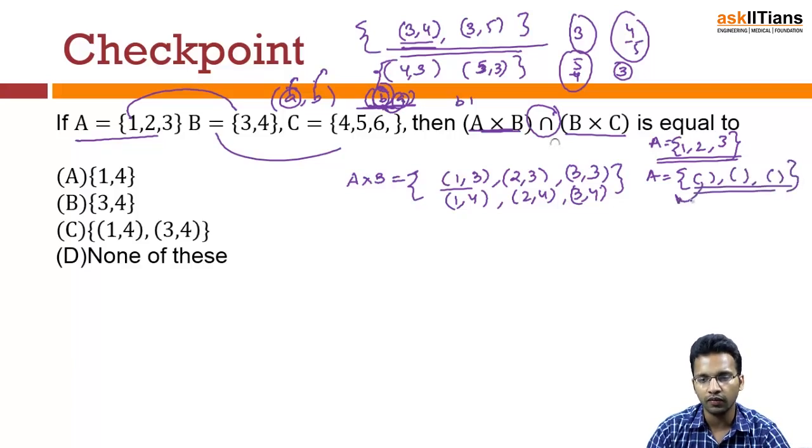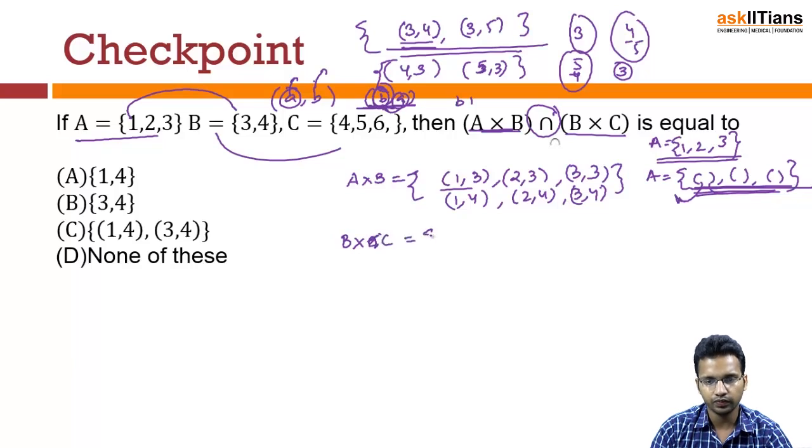Basically, one is coming from one set, the other from another set. So this is A cross B. Now B cross C will be again (3, 4). Since we have to find the intersection, obviously we don't have 5, 6, so we don't require this column. So (4, 4). Again, remember these are to be separated by commas because these are different elements.